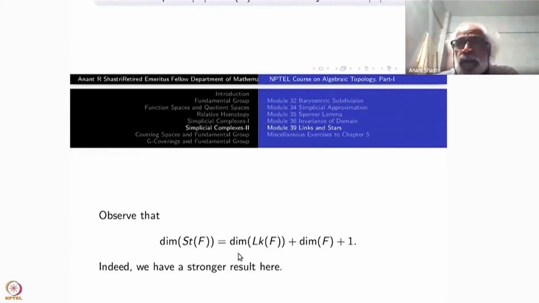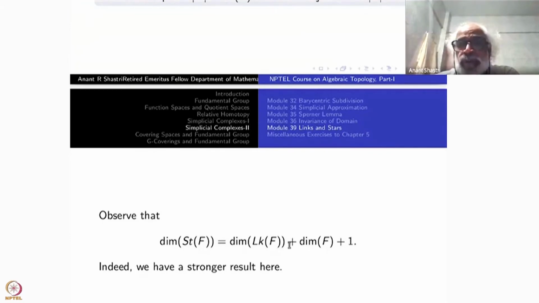You can write any union as a disjoint union, right? Because F is a subset. Then that G, which is disjoint from F, will be an element here. What is the dimension of G disjoint union F? Number of elements in G plus number of elements in F, minus 1. The dimension of each of them is number of elements minus 1.